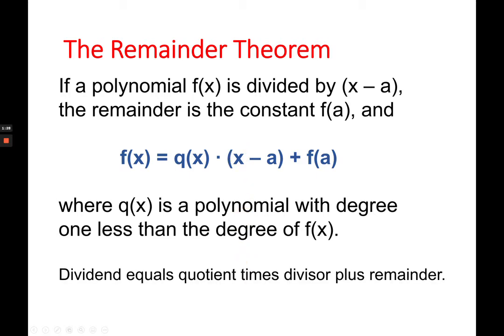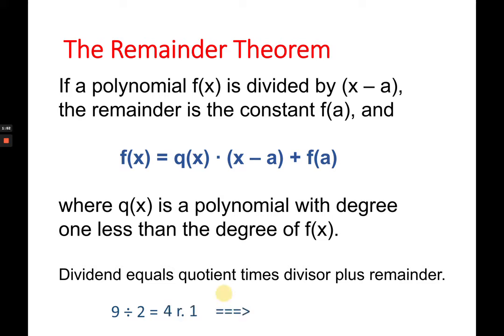Another way of explaining this is that dividend equals quotient times divisor plus remainder. To make more practical sense out of it, let's say you have 9 divided by 2, which is actually 4 with a remainder of 1.